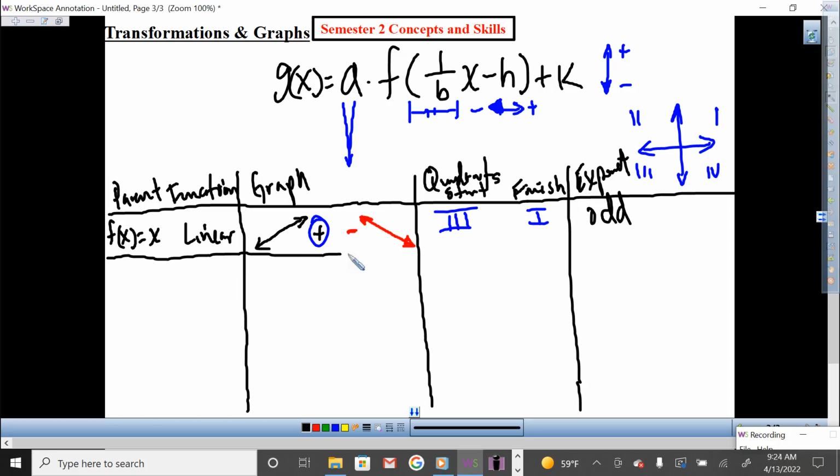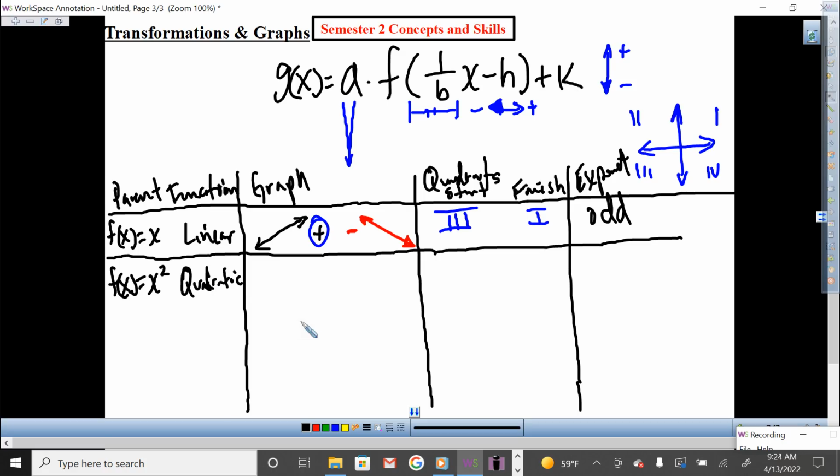Hector, pass it to someone so they can give us the next parent function. Chantal, f of x equals x squared. Yeah, x squared, and this is a quadratic.